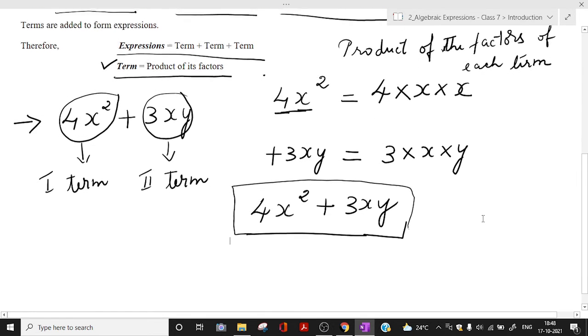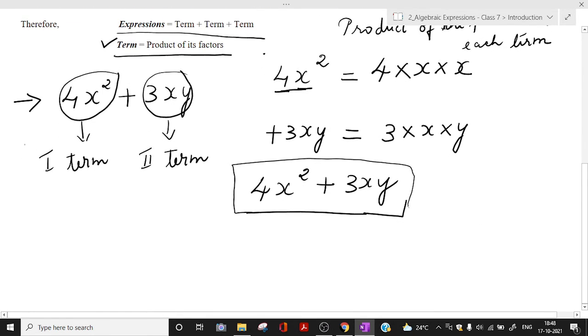So if I want to write 10a to the power 3, b to the power 2, c to the power 2, this whole thing is one term. And what is it made up of? It is made up of its factors.